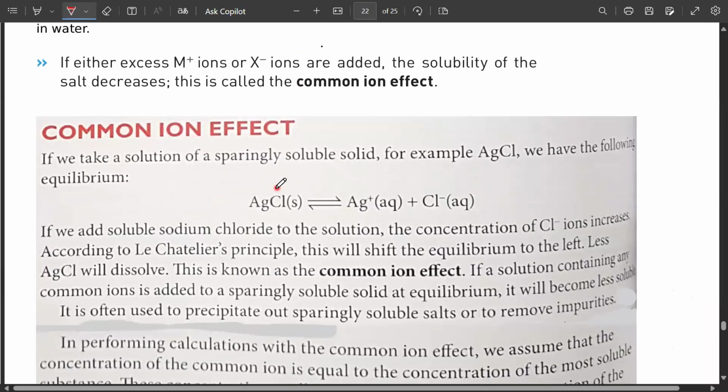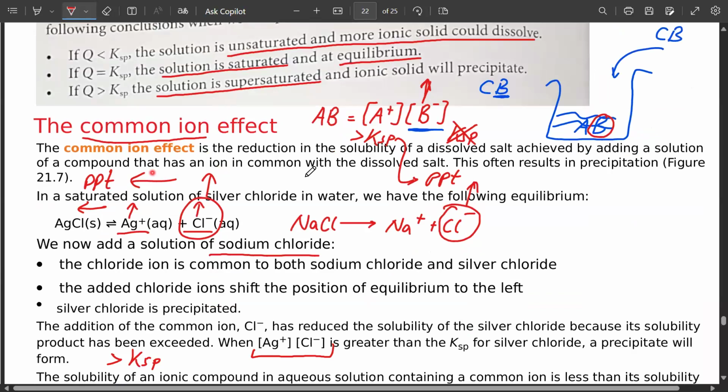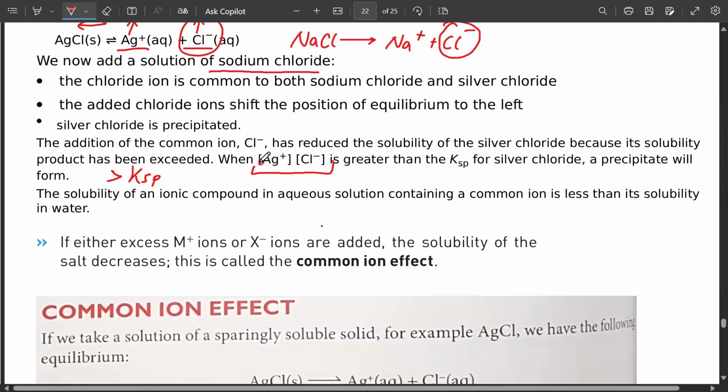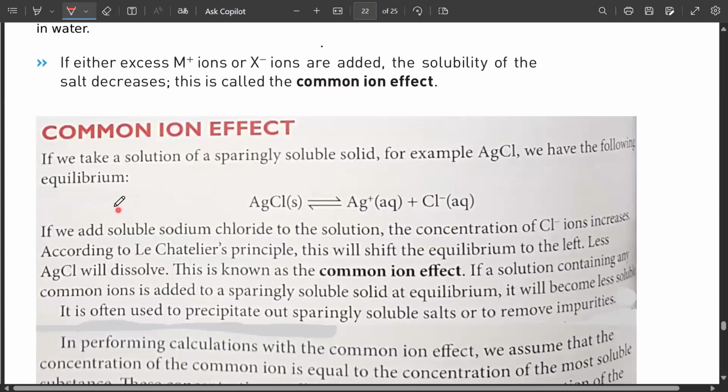Common ion effect, from the third resource book you have. As I told you, I'm using these three resources. In the third book, you see again a complete explanation of this common ion effect. If we add soluble sodium chloride to the solution, the concentration of the chloride ions increases. So NaCl will convert into sodium ion and chloride ion, meaning the amount of chloride ion has overall increased.